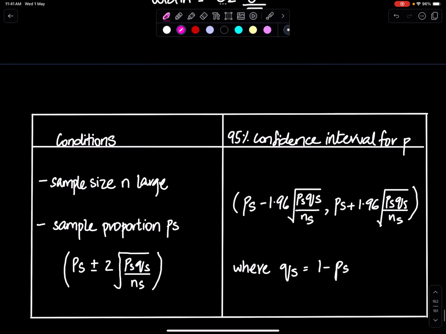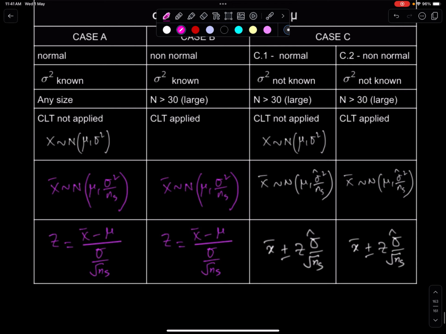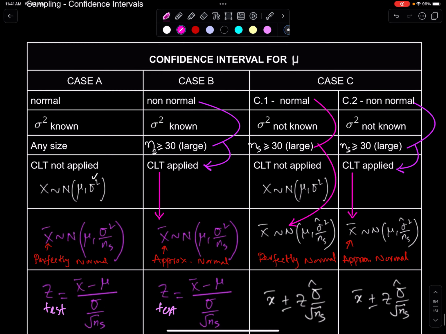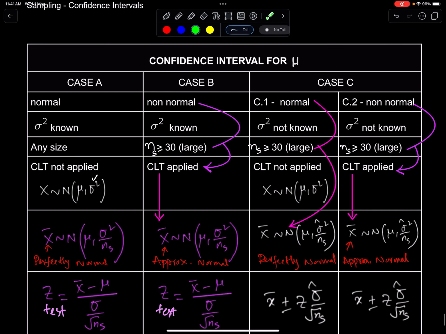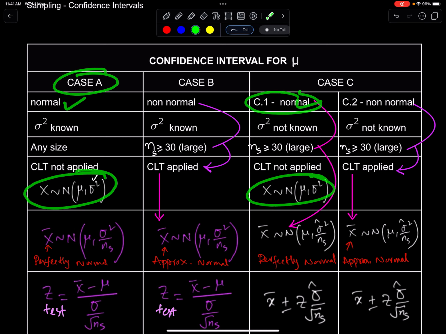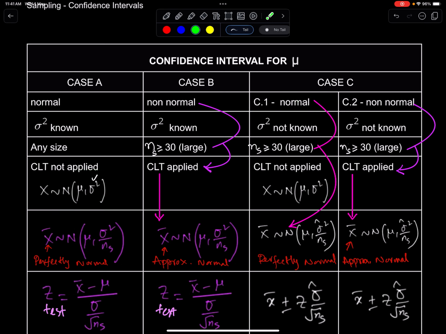And here is the table. See this table. Case A and case C1. Population is normal. So X is normal, X is normal. And sigma square known.